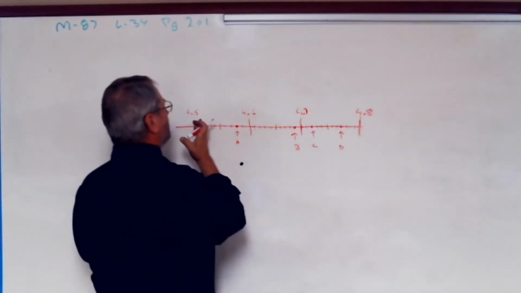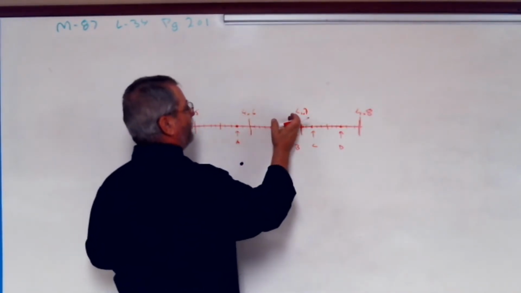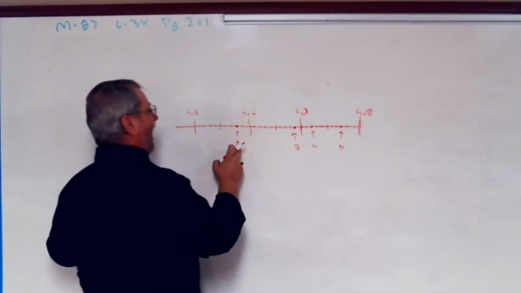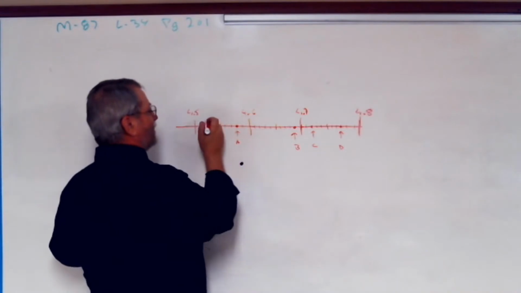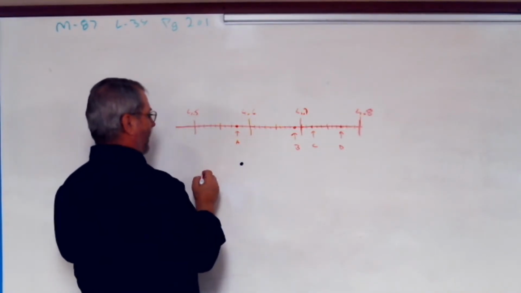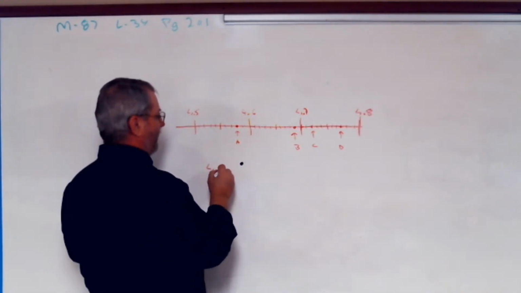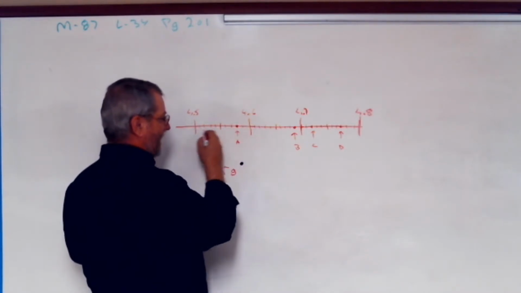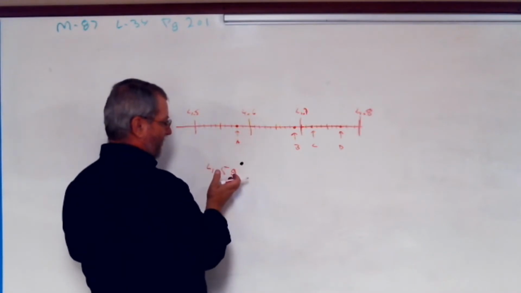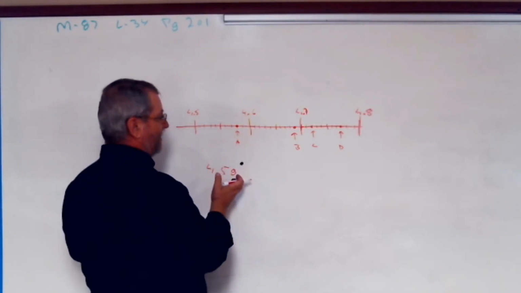All right, so this is 4.5, 4.6, 4.7, 4.8. A now is between 4.5 and 4.6. So I'm going to have to come over one more decimal space. It's 4.58 because this is 8 whatever. It's hundredths in this case.